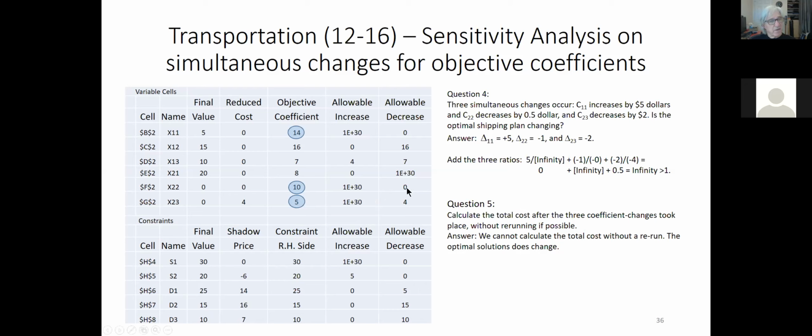Once you drop it, you already know that you're going to get a new optimal solution. So the other changes don't matter. You will get a new optimal solution just because of this. The formality is not a mistake to do. I'm just telling you, you could know it right away. So that's about simultaneous changes for objective coefficients.